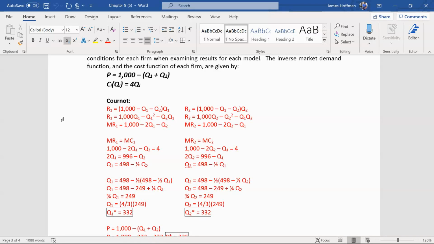Okay, so the revenue of firm 1 is price times its quantity, which is 1,000 minus Q1 minus Q2 times Q1, and then distribute the Q1. You get 1,000 Q1 minus Q1 squared minus Q2 Q1, and then if you differentiate that with respect to Q1, you get 1,000 minus 2Q1 minus Q2. And do the same for firm 2.